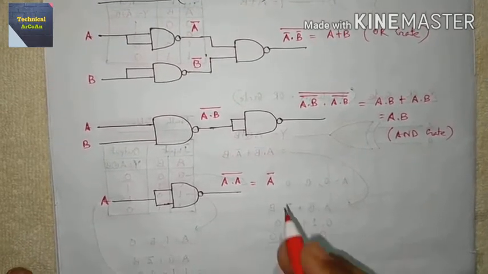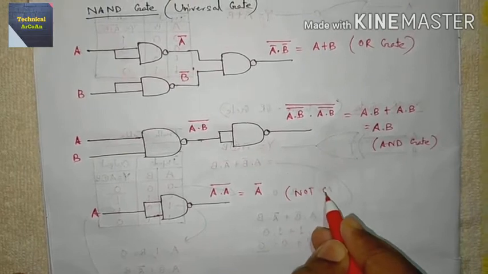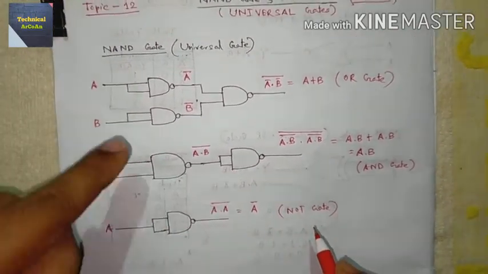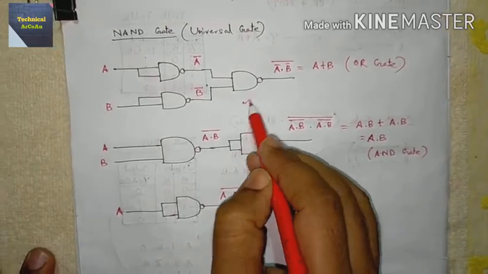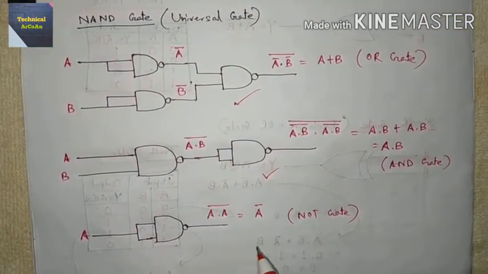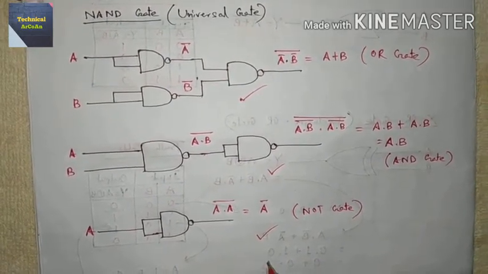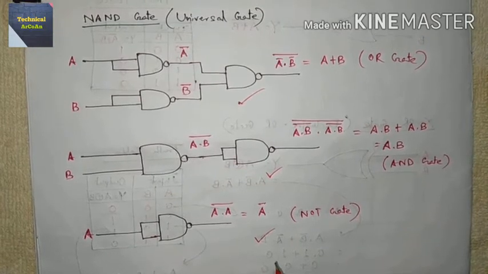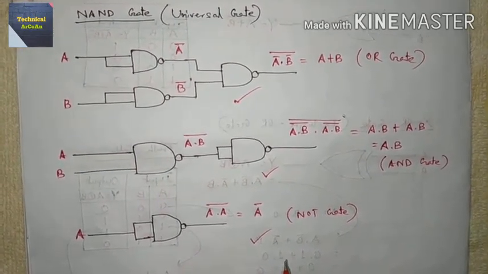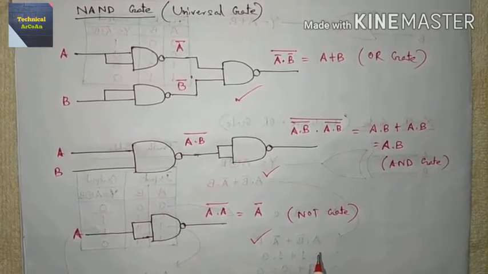So this output is a NOT gate, that's why it is the equivalent of the NOT gate. Means using NAND gate we separately establish an OR gate, separately establish the AND gate, and separately establish the NOT gate. Means without using AND, OR and NOT, only using the NAND gates, we have already defined the basic building block gates like OR, AND and NOT gate using NAND gate.